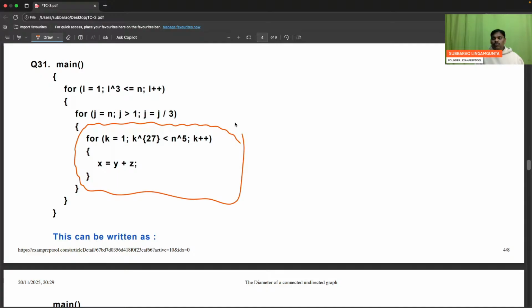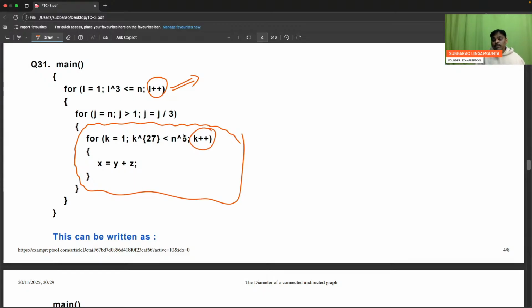For k is equal to 1, k less than n power 5, k plus plus. And one more, what about the i loop? If you observe clearly, i is always incrementing by plus 1. k is also always incrementing by plus 1. See, how it is incrementing will decide the time complexity.